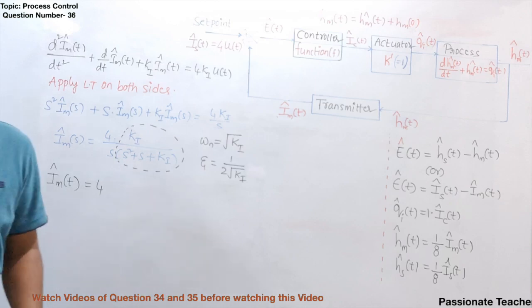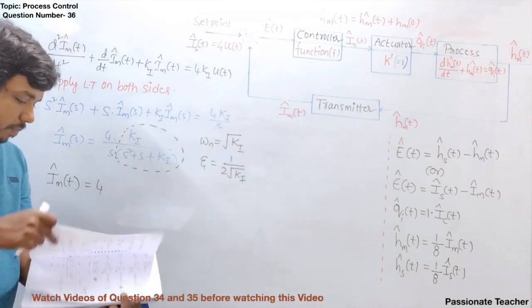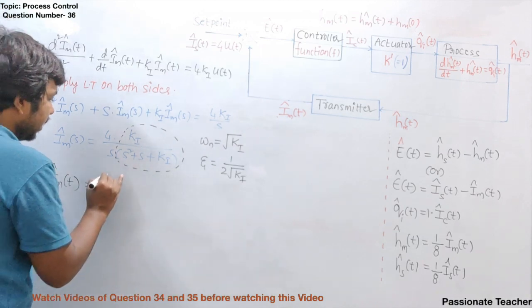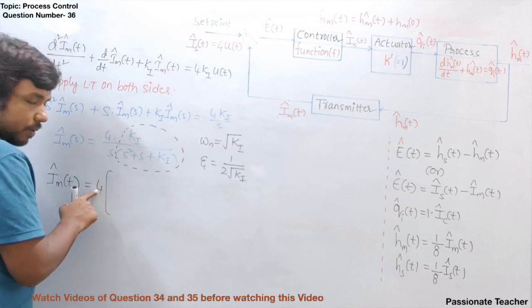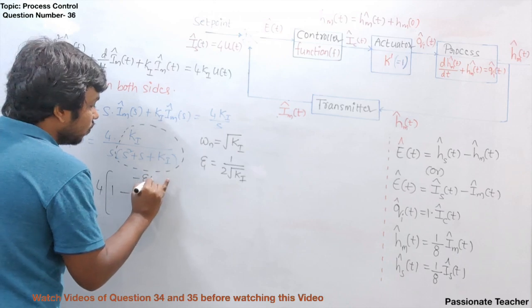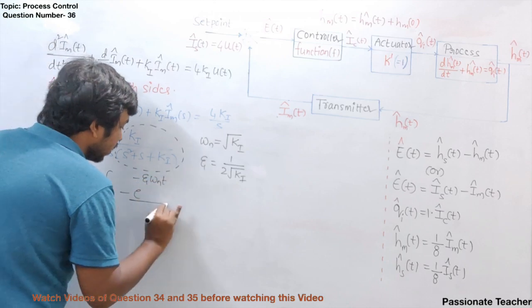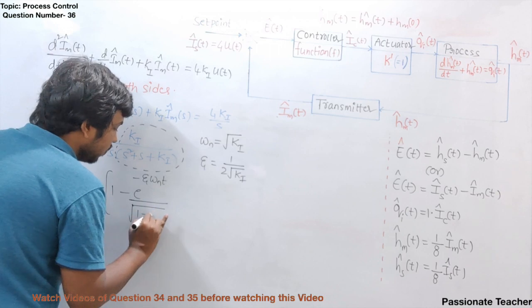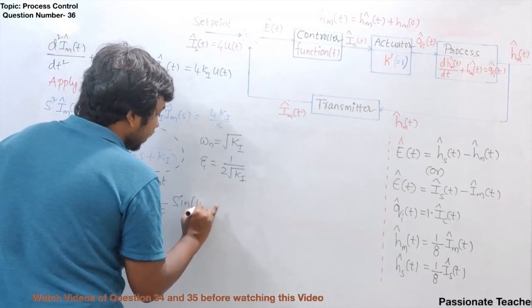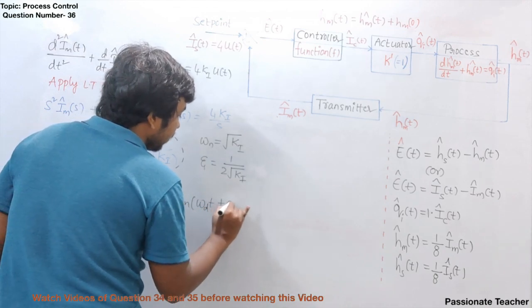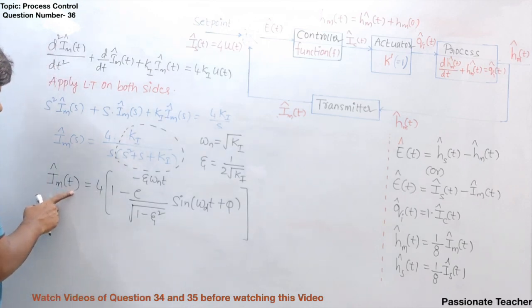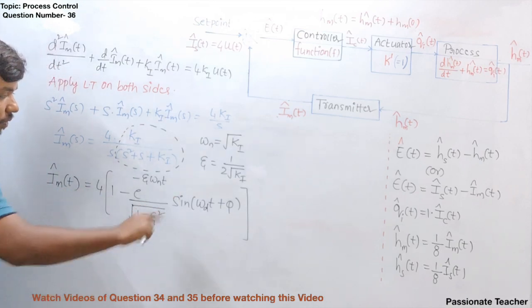I sincerely advise you to do this with partial fractions, or else those people who remember this equation, that is step height into 1 minus e power minus zeta omega n t, divided by under root of 1 minus zeta square, into sine of omega d t plus phi. This is actually nothing but the step response of a second order underdamped system.